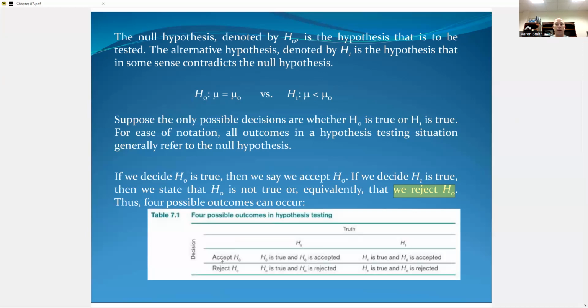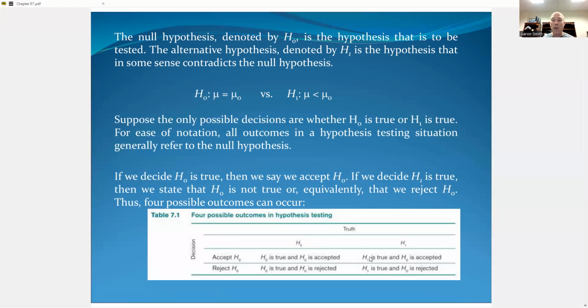Now if I accept the null hypothesis when the null hypothesis is the truth, the correct conclusion, then I made the right choice. If I reject the null hypothesis when the alternative was correct, I made the right choice. If I accept the null hypothesis when the alternative was correct, then I made a mistake.